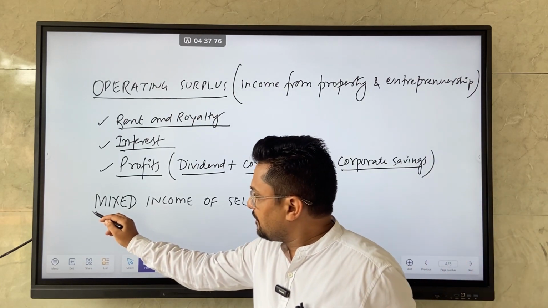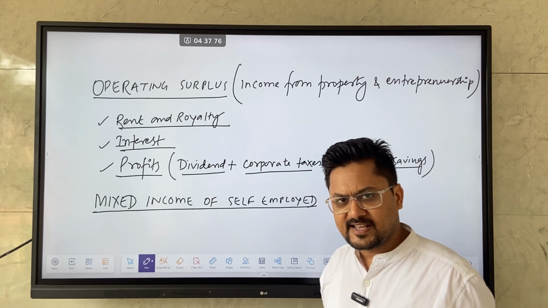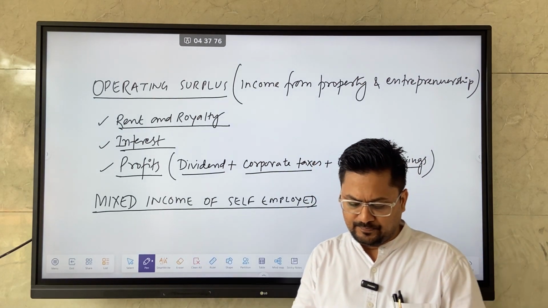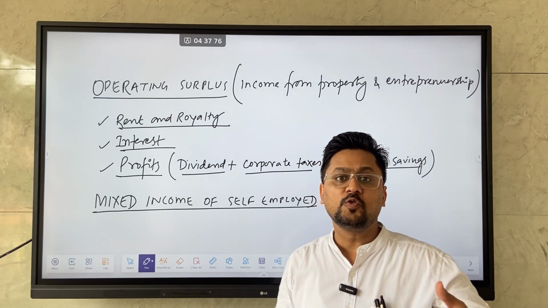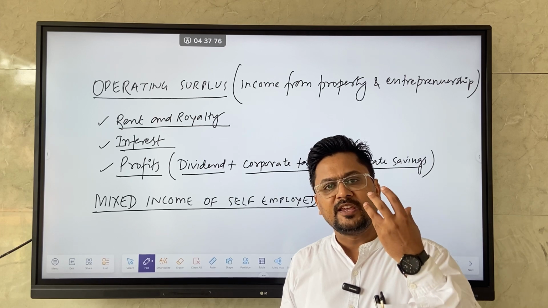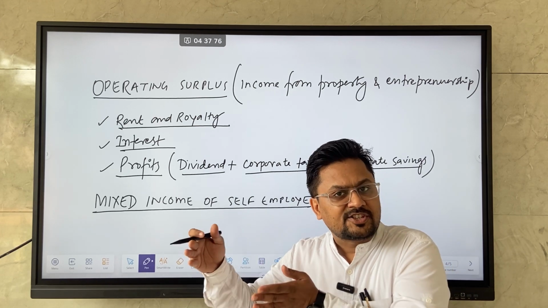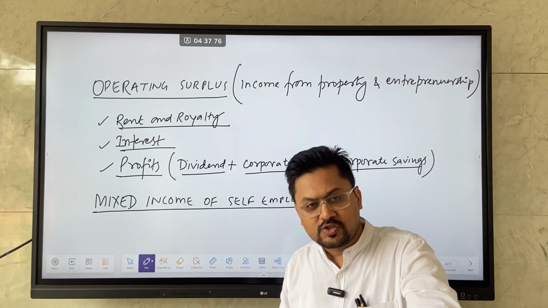Lastly, we have mixed income of self-employed, under which there are no sub-components as such. Mixed income of self-employed represents the case where a person is the owner of two or more factors. It can happen that one person, for example a chartered accountant, has his own chamber.